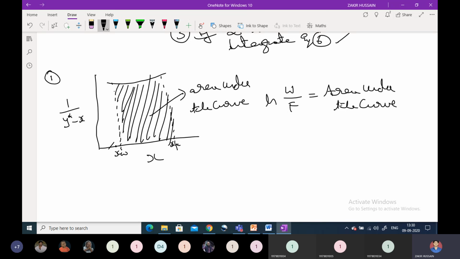As a replacement for this integral, we are writing area under the curve. Whatever the area under the curve value is, we have to equate with this ln w by f. So we can find the value of w, and since we already have to provide f, we can evaluate f is equal to d plus w. Using this equation, we can evaluate the d value. Then fxf, we have to derive these two.